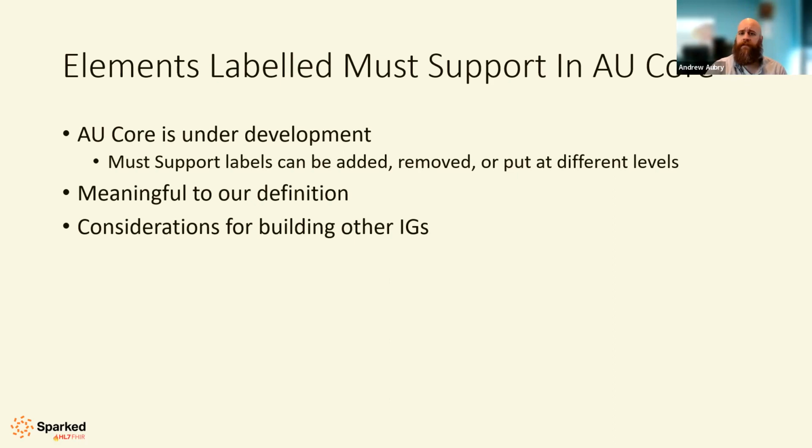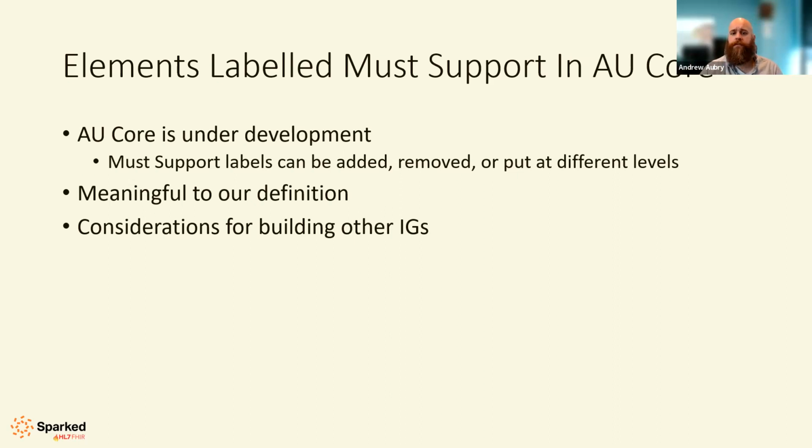If it's more important to have must support on more specific data types under an element, if it's important to say, you know what, this element doesn't make sense to have as must support, or these elements really form the core concept and should be must support. We are here today learning about this so that we can apply this to our development of AU Core.